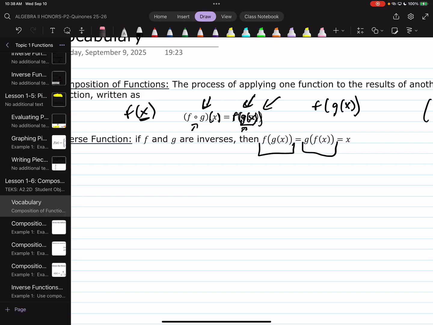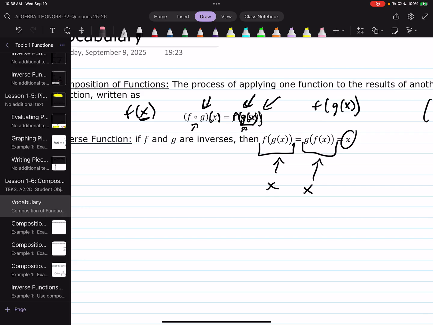Both of them should equal x, and only x. If that occurs, they are inverses of each other. But both have to be true. They both have to equal x in order for them to be called inverses.